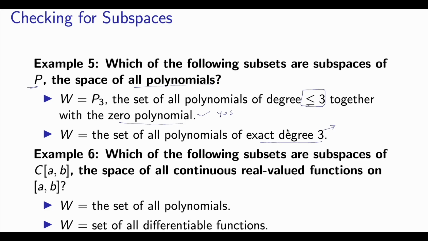Now consider the set of all polynomials of exact degree 3. So let us take an example. This is not a subspace. Why? We will see. Let us say x3 plus 2x square plus x plus 1 is one polynomial that belongs to W. Another polynomial, you can say x3 plus x square minus x plus 1, also belongs to W. There are two vectors, U and V. U is one vector and V is another vector.